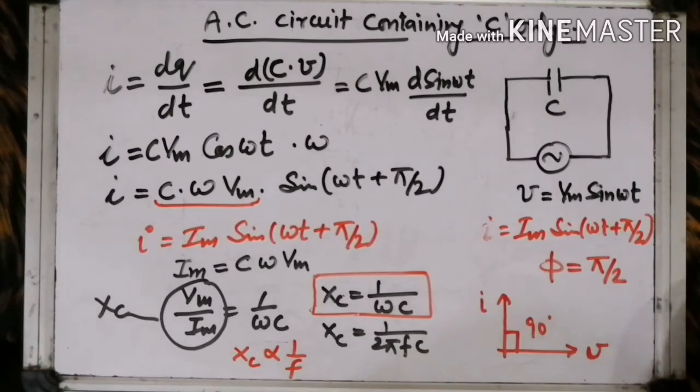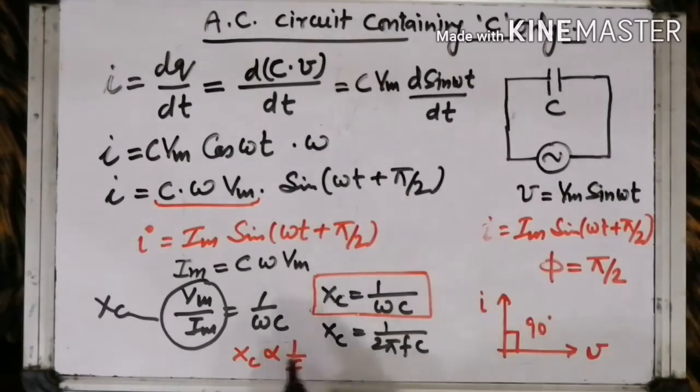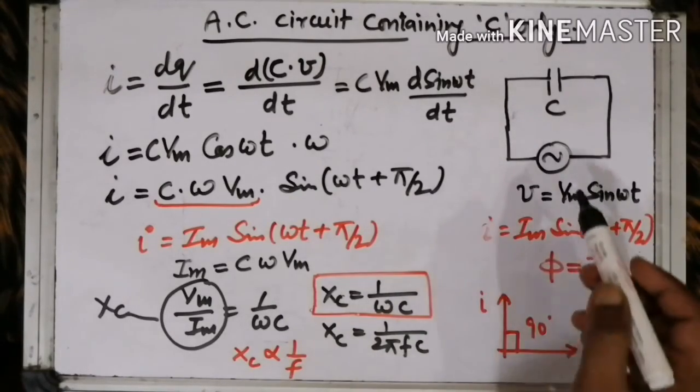XC is known as the capacitive reactance, C is the capacitance of the capacitor, omega is the angular frequency, and it is clear from this formula that XC is proportional to 1 upon the frequency of the AC source.